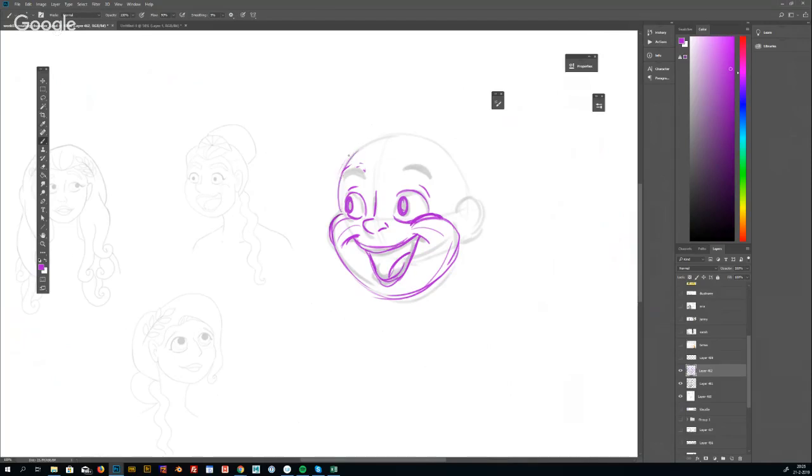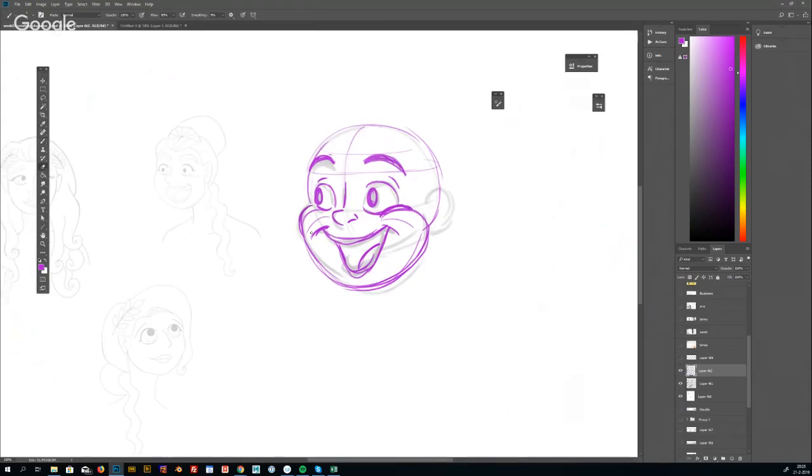So this is a ball, like this here. And think of the eyebrows are on top of that, like this.